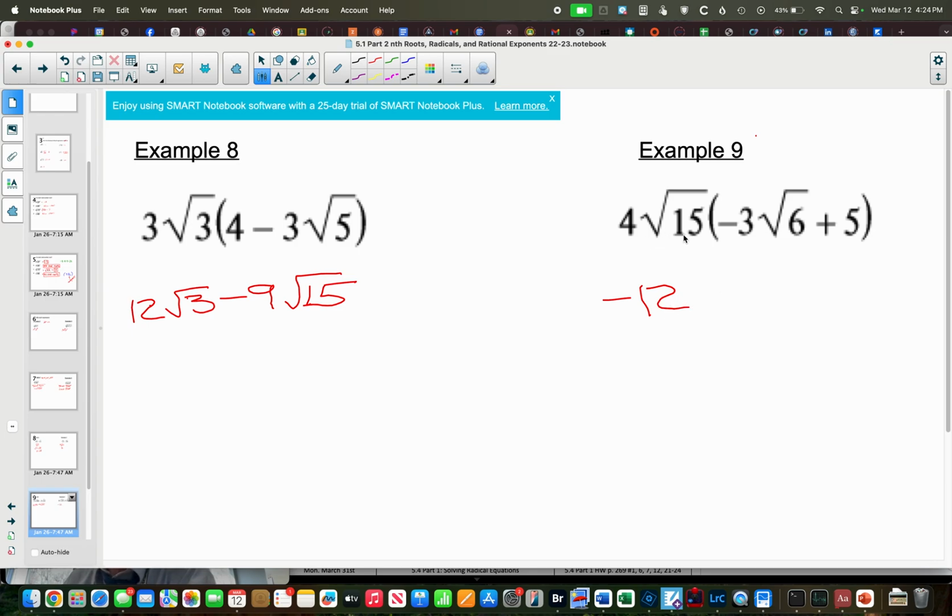And then you're going to do square root of 15 times square root of 6. So I'm doing 15 times 6, which is 30, and 60, that's 90. All right, so that's going to simplify. And then I'm going to do 5, so it's plus. All right, 5 times 4 is 20, square root of 15.